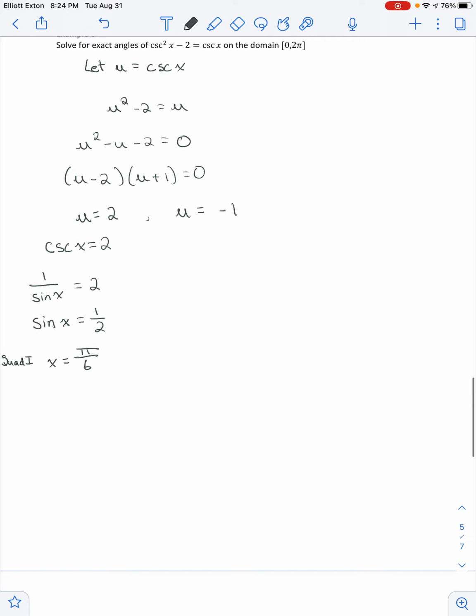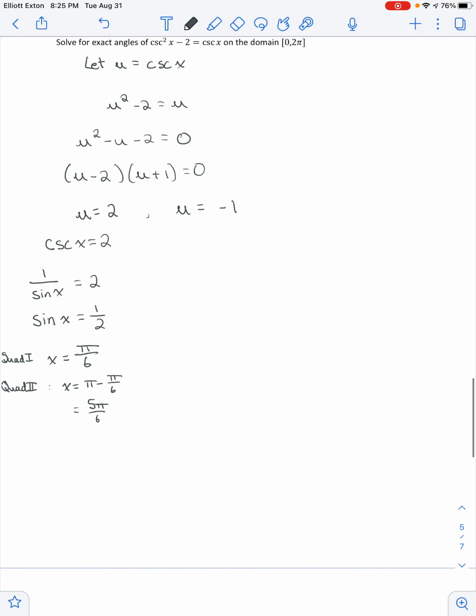So I do need to find my second angle in quad 2, which is going to be pi subtract pi over 6 in this case. Because that's our RAA moved over into the other quadrant that is positive, so that's an equivalent angle. It's going to be the same ratio, and that's 5 pi over 6. So there's my first 2 solutions for u equals 2.